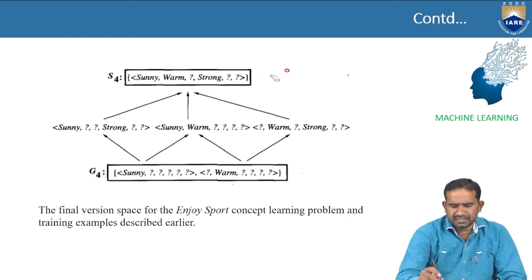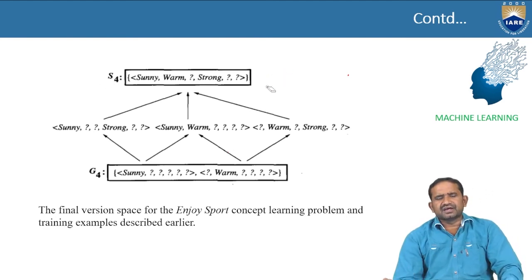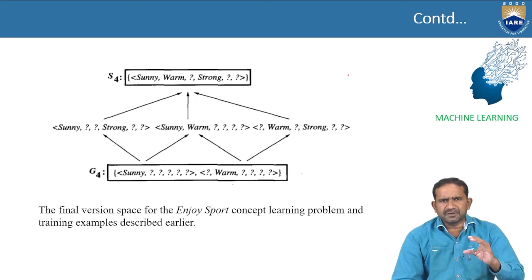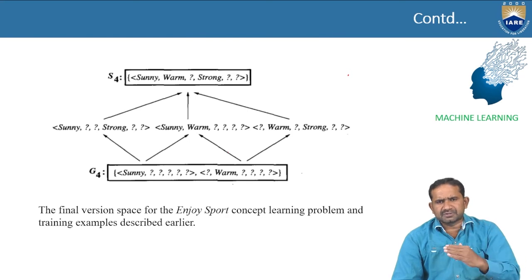So finally, the candidate elimination algorithm concentrates on positive training examples as well as negative training examples, and it also introduces a new concept, the version space. The major place of the version space is that the version space hypothesis is placed in between the specific hypothesis as well as the generalized hypothesis.